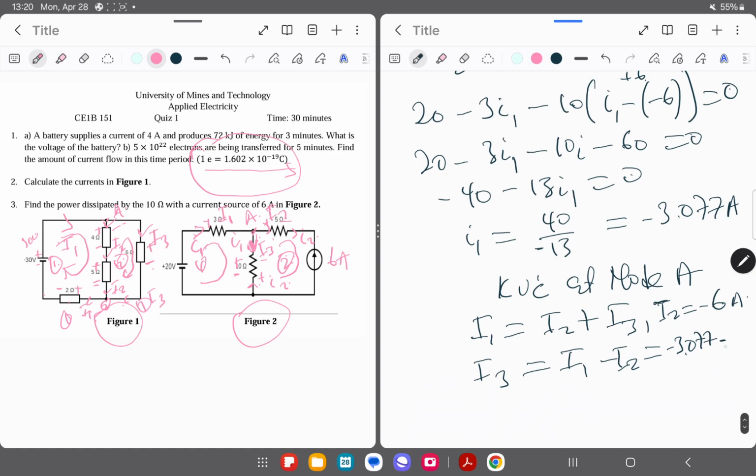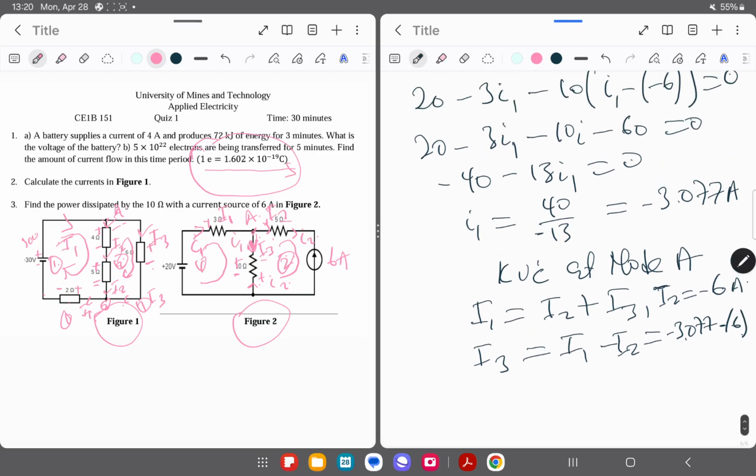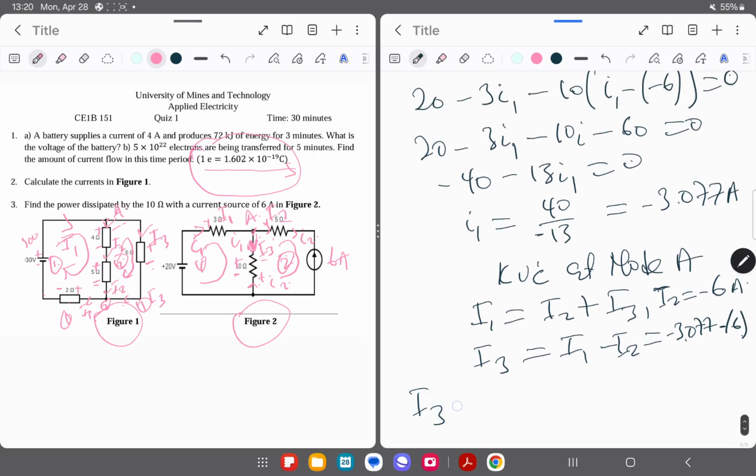So when you do this, you bring minus 6 here. So I3 here is going to be equal to minus 3.077 plus 6, and that gives me 2.923 amps. So we get this current.